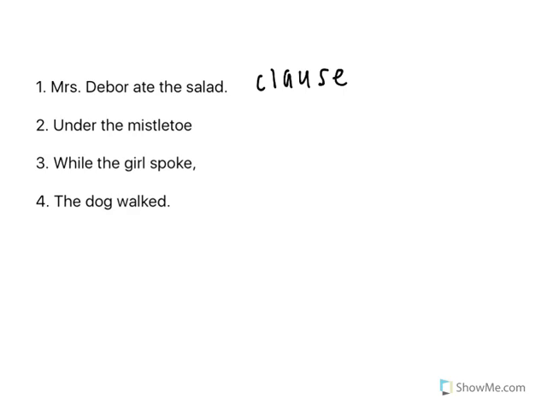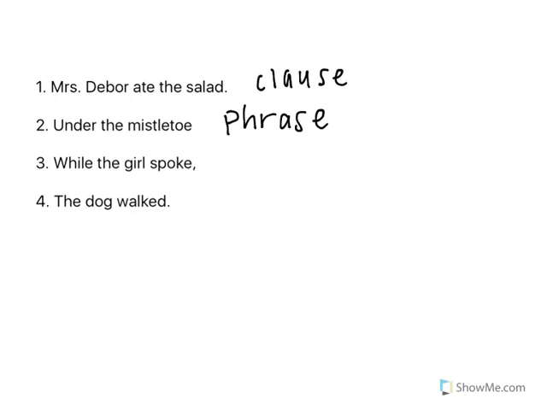Number 2 says, under the mistletoe, and we're looking for a subject and a verb, and it doesn't look like there's an action being completed. Under the mistletoe, what? There is a subject, mistletoe, but there's not a verb. The mistletoe's not doing anything. So this one's going to be a phrase. Number 3 says, while the girls spoke.